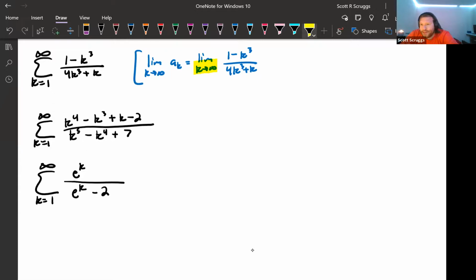And here, I see an infinite limit of something that looks like a rational function. The highest power in the numerator is equal to the highest power in the denominator. So that limit will just be read off the coefficients that are married with them, and that's how we get -1/4.